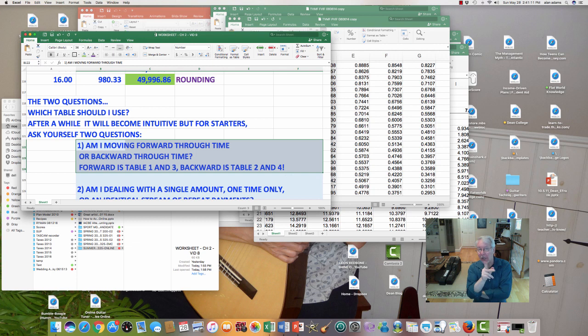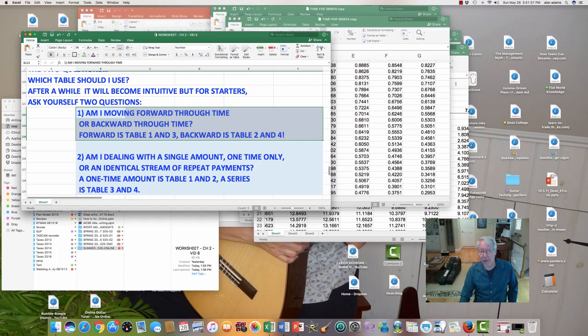Now, if I'm moving backward, a future value to a present value, then it's got to be table 2 or table 4. So right away, once you answer that question, you know it's down from 4 tables to 2.